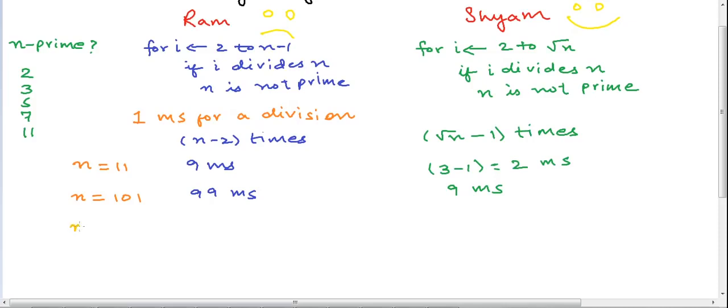Let's pick up a slightly higher number this time, and we'll pick up a 7-digit prime number this time. And this is equal to 10 to the power 6 plus 3.